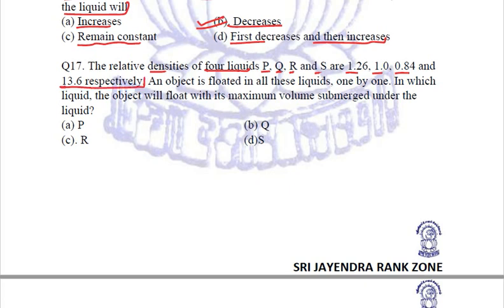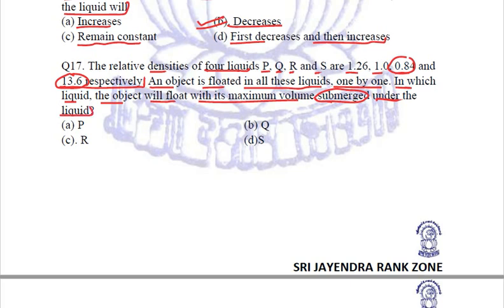So we can see that S is the densest medium having maximum density and R is having the least density. Now, an object is floated in all these liquids one by one. In which liquid will the object float with its maximum volume submerged under the liquid?